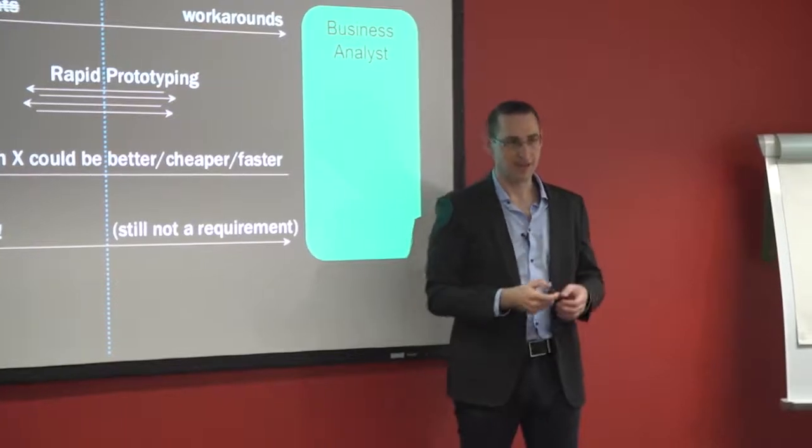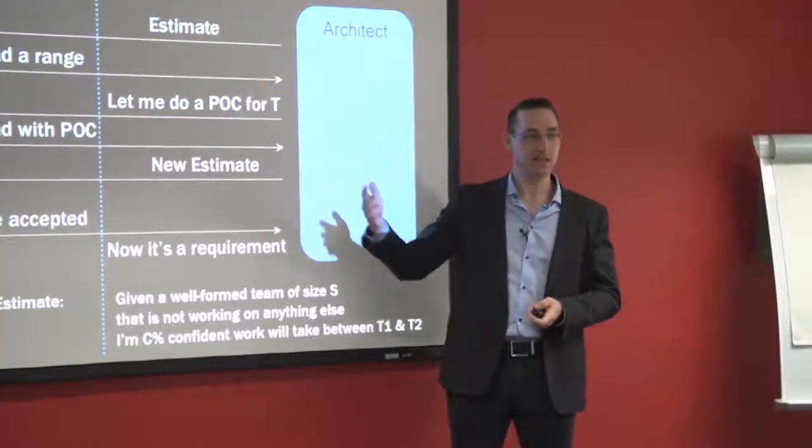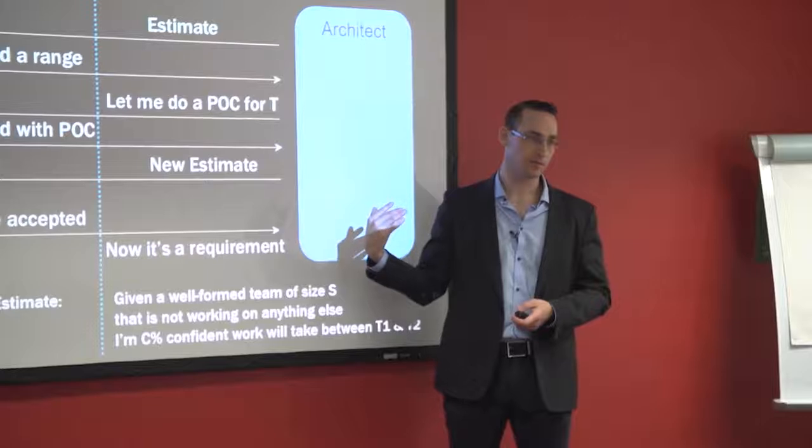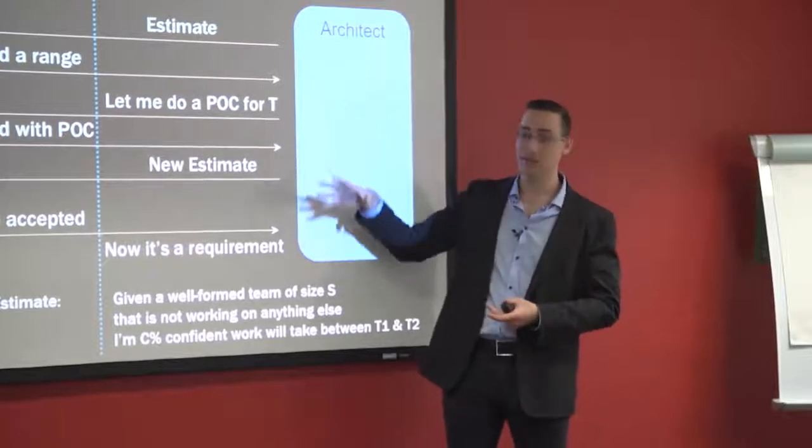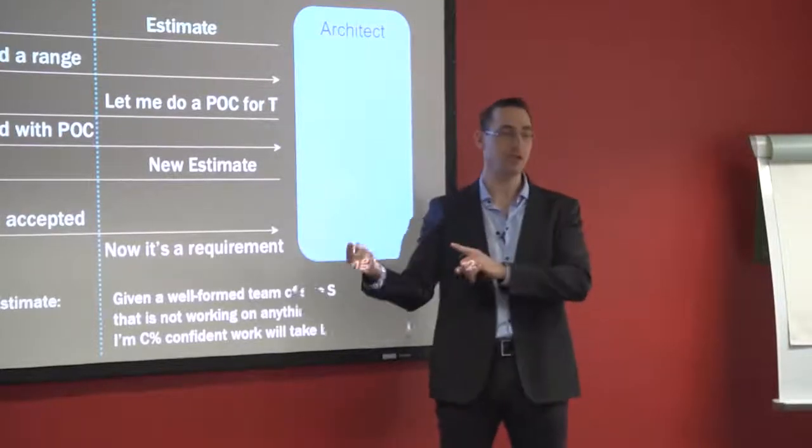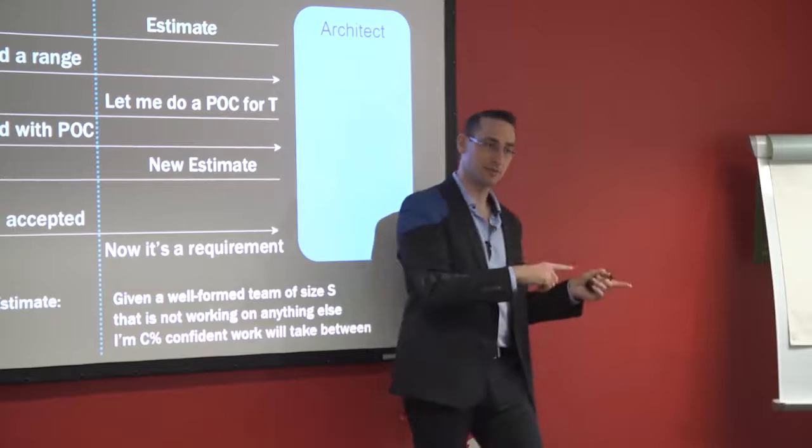At that point, that feeds into the architect's work, where the architect might look at these things and say, well, that one would be much easier for us to implement versus this one.